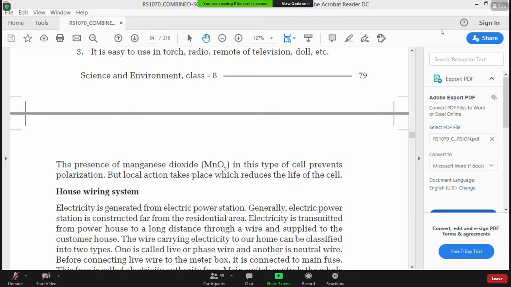Excuse me, ma'am. Yes? Ma'am, in the dry cell, why is polarization not present? Okay, polarization is not present in the dry cell because of the presence of a chemical called manganese dioxide.